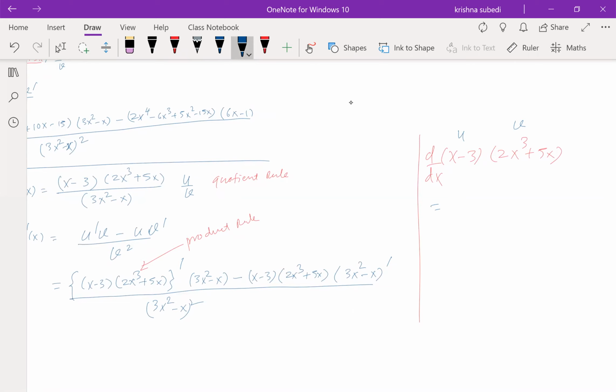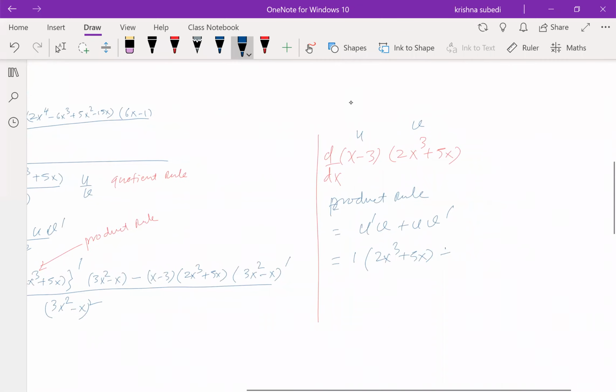The product rule is u prime v plus u v prime. You know that. The derivative is 1, copy v, 2x cubed plus 5x, plus copy u, which is x minus 3, and the derivative of v, which is 6x squared plus 5.